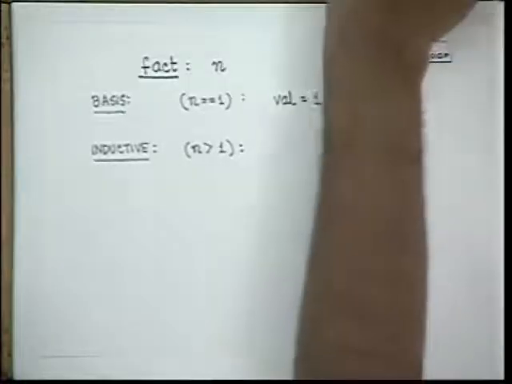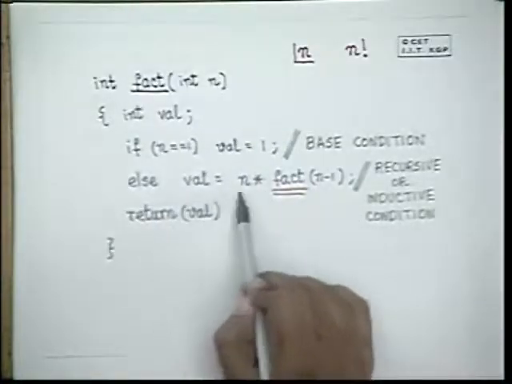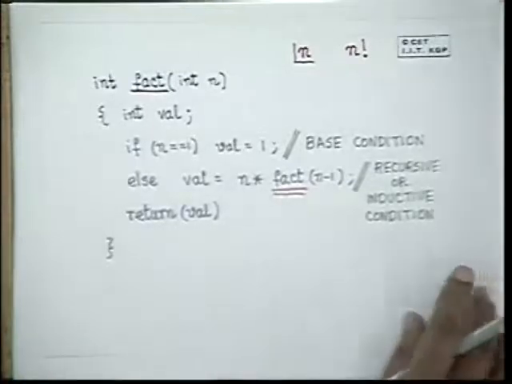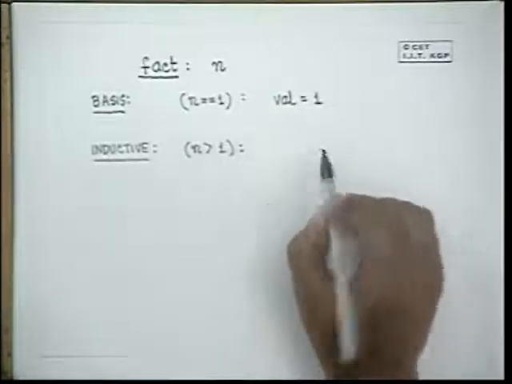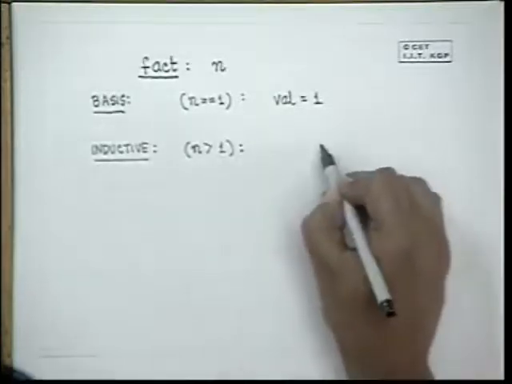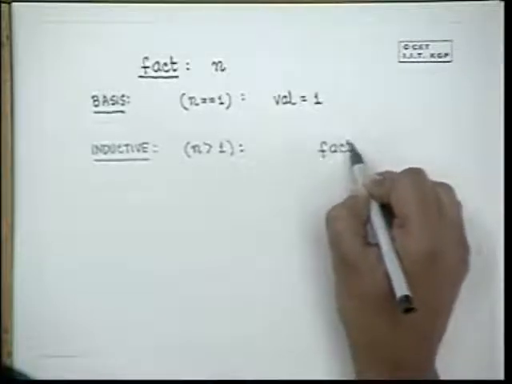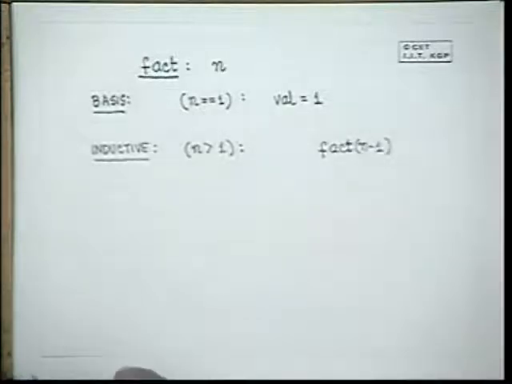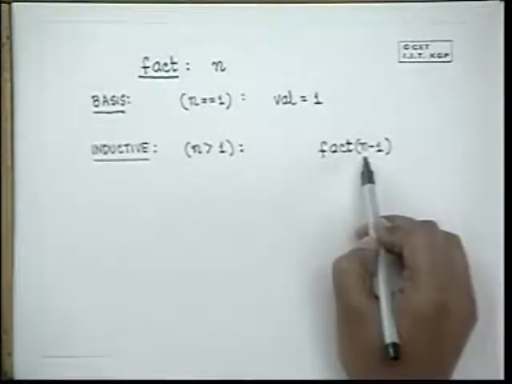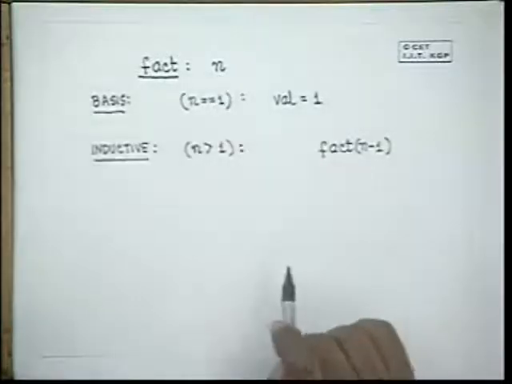Here, if we look back at this, val is equal to n into fact of n minus 1. What we did was, we first decomposed the problem into a single subproblem and solved the single subproblem fact of n minus 1. Now this subproblem had n minus 1, which was less, following the inductive principle.